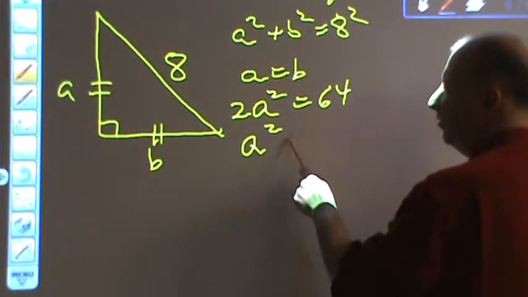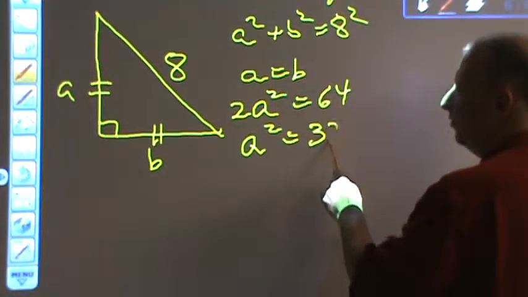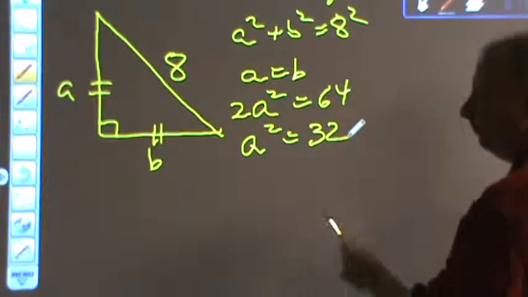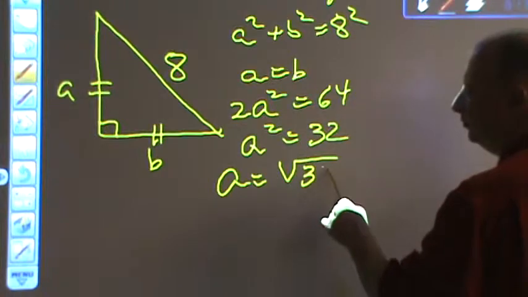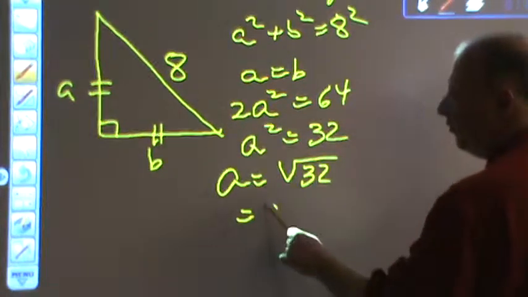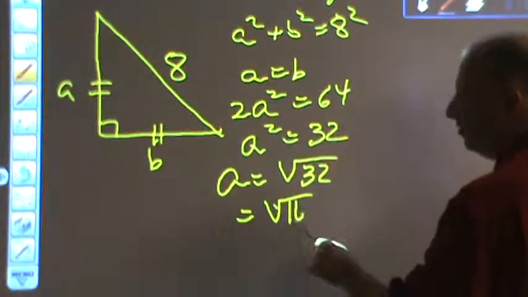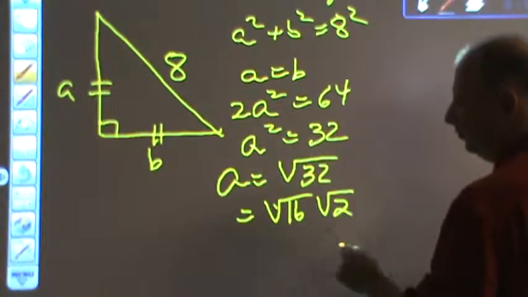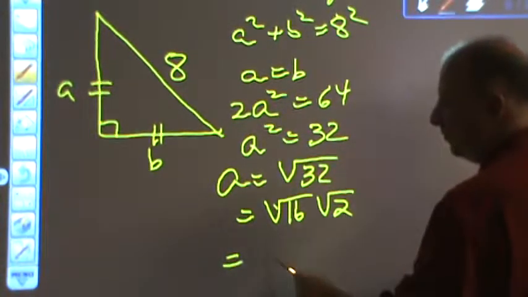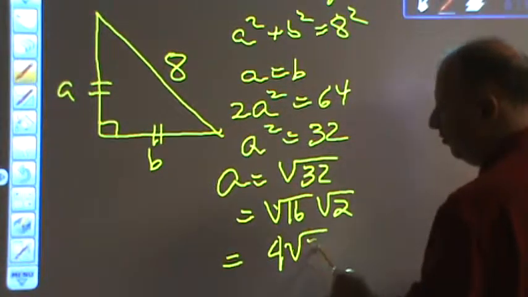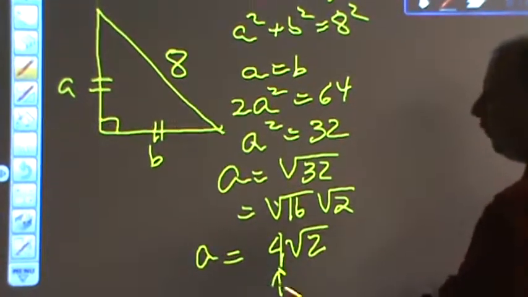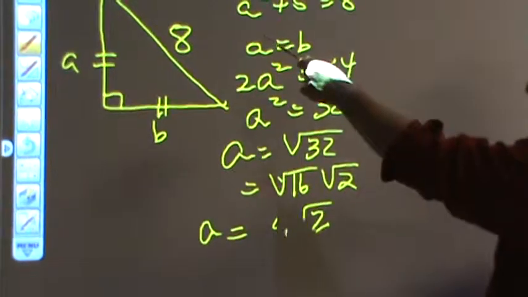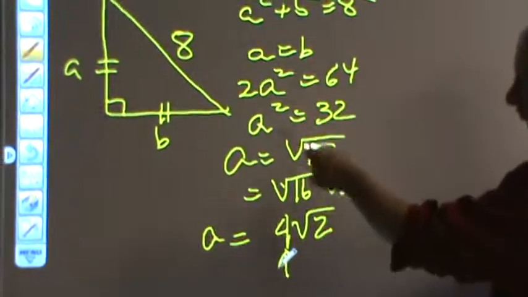A squared is equal to 32 when you divide both sides by 2. A is equal to square root of 32. And square root of 32 happens to be square root of 16 times square root of 2, and square root of 16 happens to be 4, so 4 square root of 2. Let's see if it's true. Is 4 half the hypotenuse? Half of 8 is 4, times square root of 2.